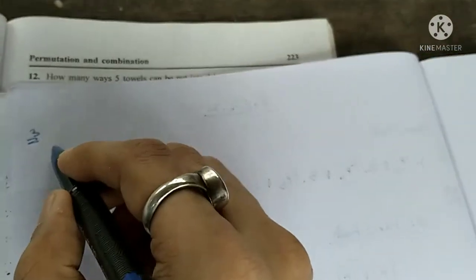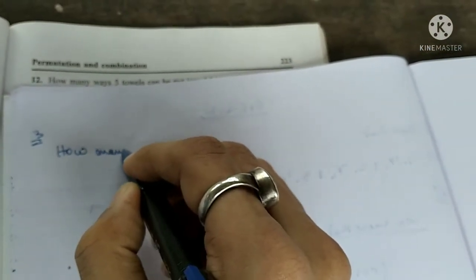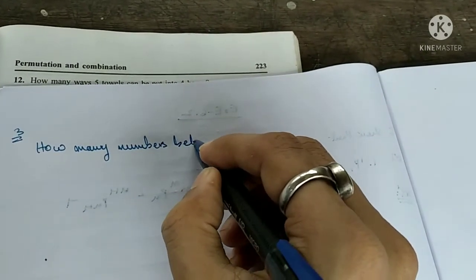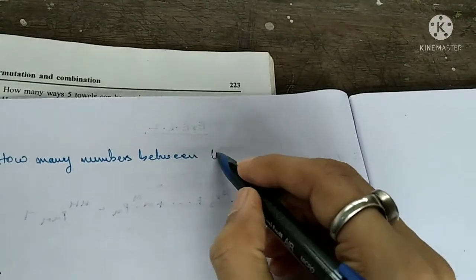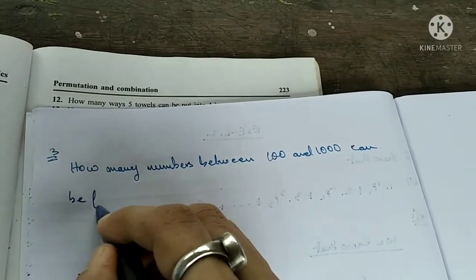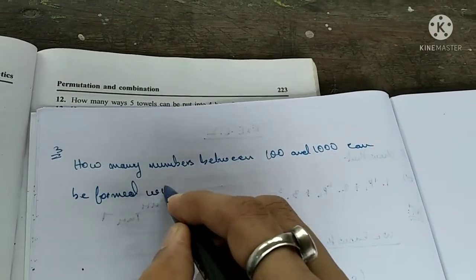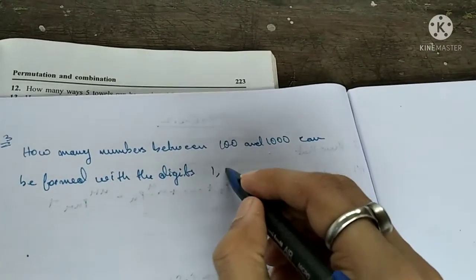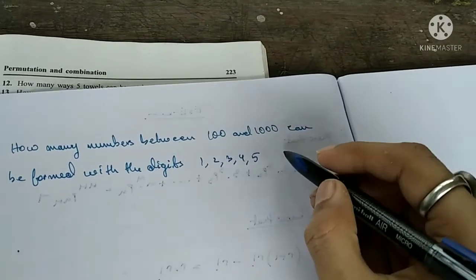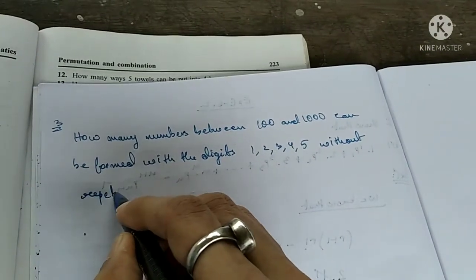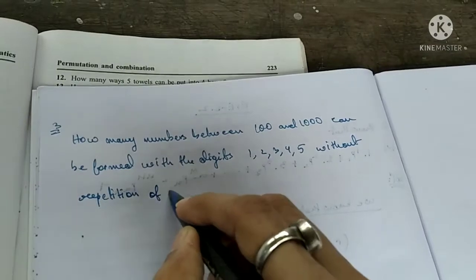Understand? So okay, question number 3. How many numbers between 100 and 1000 can be formed with the digits 1, 2, 3, 4, 5 without repetition of any digit?